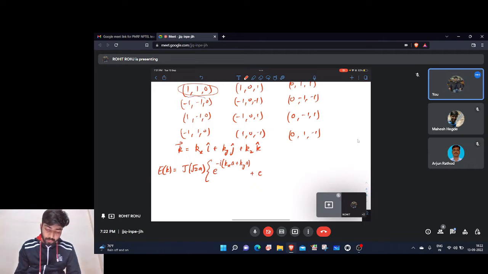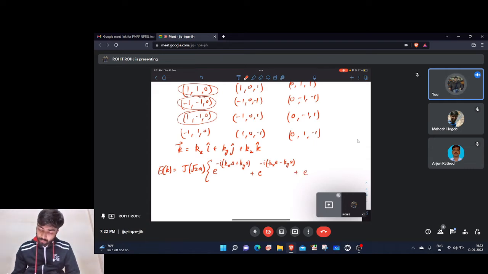The second one is for this one, minus of kx a minus of ky a. The third will be for this one, plus minus of kx a minus ky a, and the last one is plus e to the power minus of kx a plus ky a.